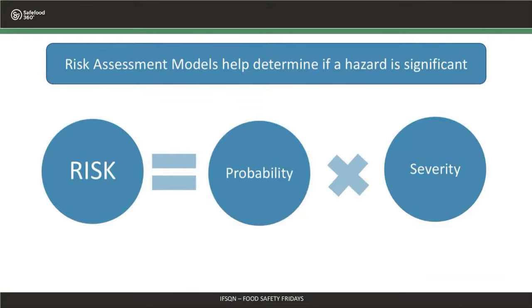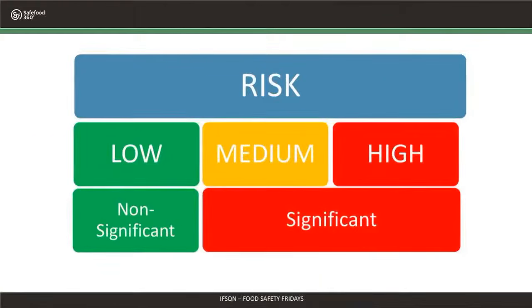So probability by severity. So in its simplest form, risk is expressed as being low, medium, or high.